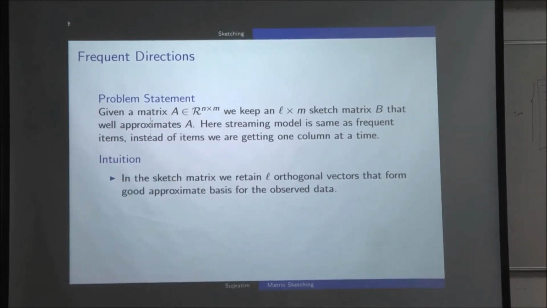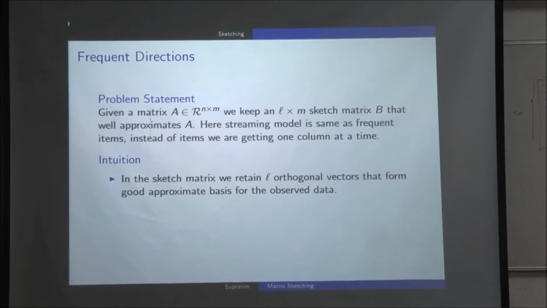The intuition behind matrix sketching is that we preserve L orthogonal vectors in our sketch matrix that give a good approximation to the basis of the actual data, that is the A matrix.